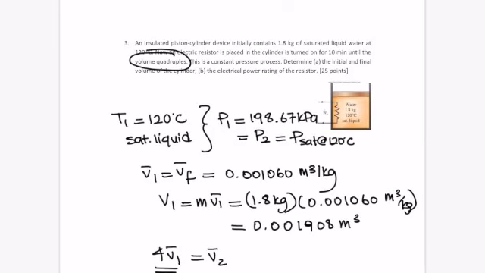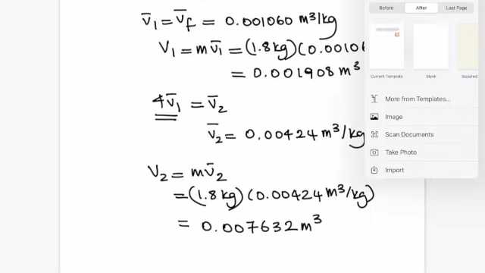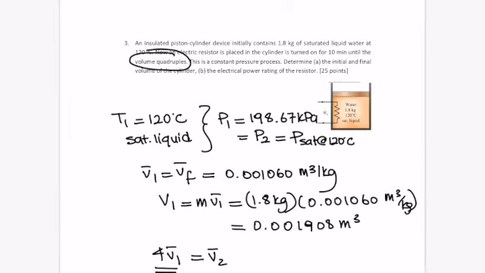Let's add another page. First of all, we need to analyze the system and identify energy interactions. There is electric work and there is boundary work. The electric work is getting in and the boundary work is getting out, and this is equal to the change in the internal energy of the system.